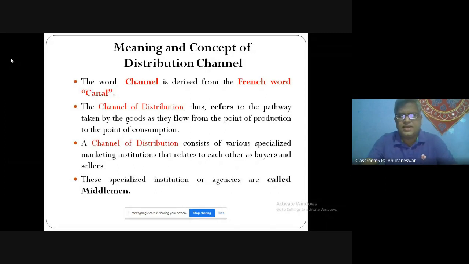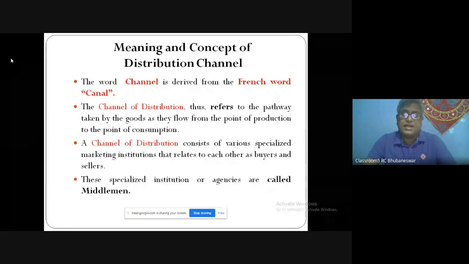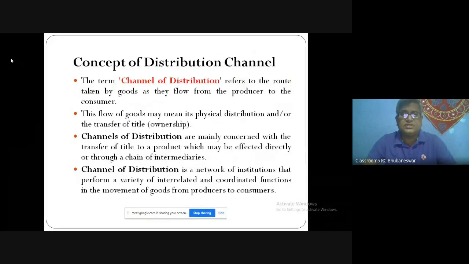There are various ways through which a relationship is developed between the buyer and seller through a network. That's called channels of distribution. Sometimes you call it a middleman, and sometimes you say the wholesaler is a middleman or the retailer is a middleman. These are called distribution channels.